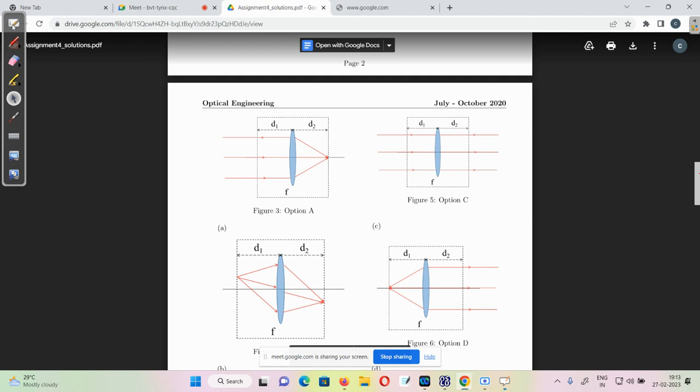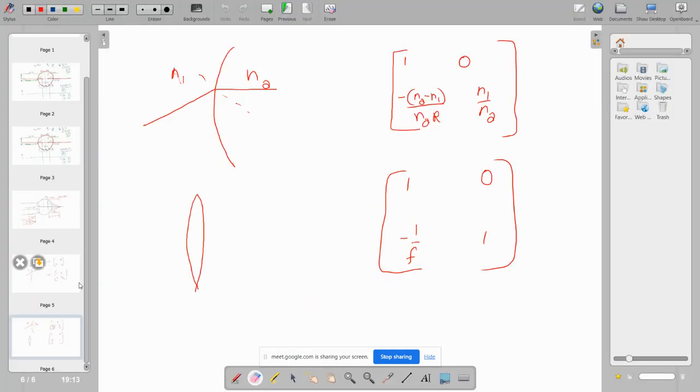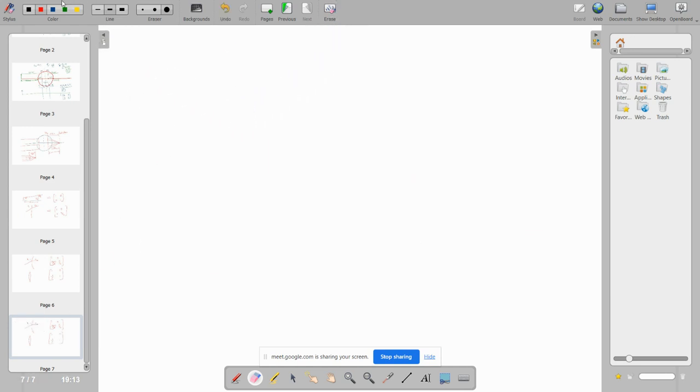Now see what is actually given by the ray tracing matrix. How will you define a ray tracing matrix? There is an optical system which you don't know, some black box, but it's an optical system. What are the things you know?